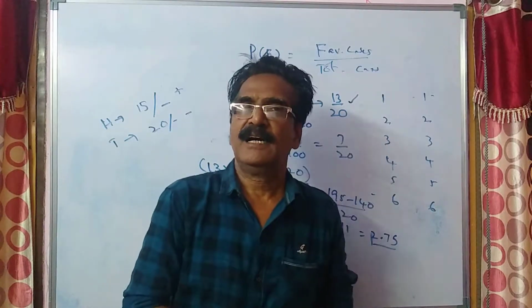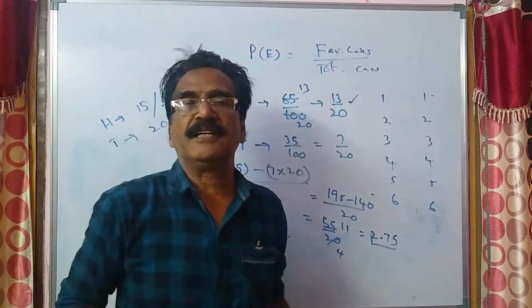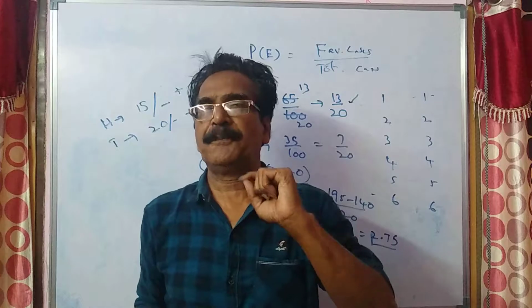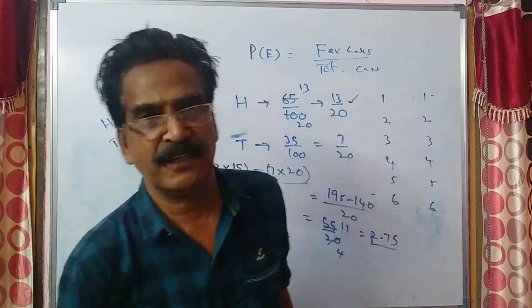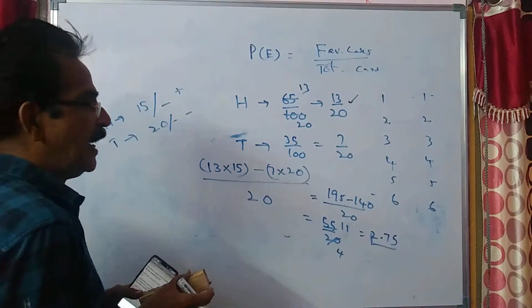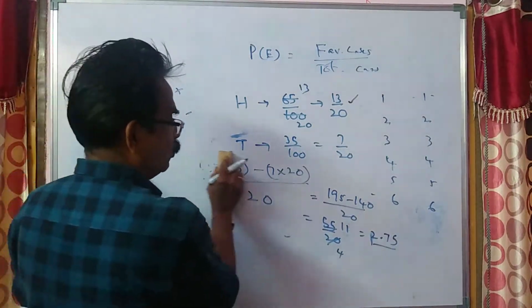On an average, he gets a profit of rupees 2.75, that is 2 rupees 75 paise. This is an interesting problem, and an important problem too.